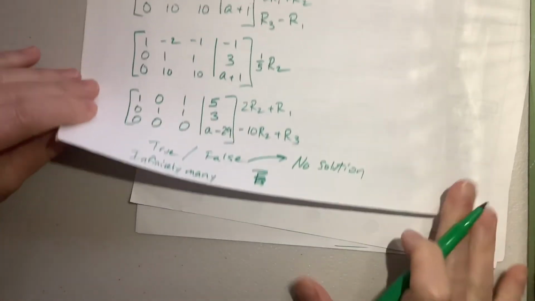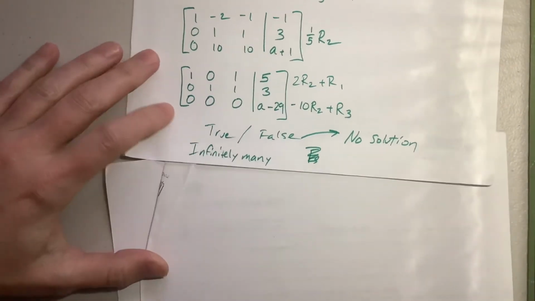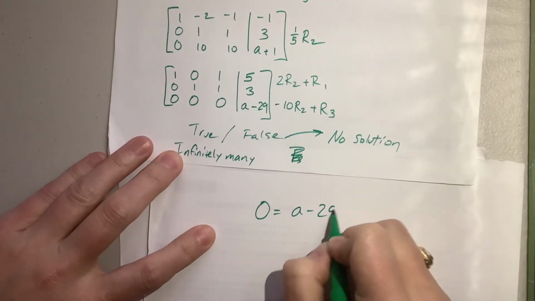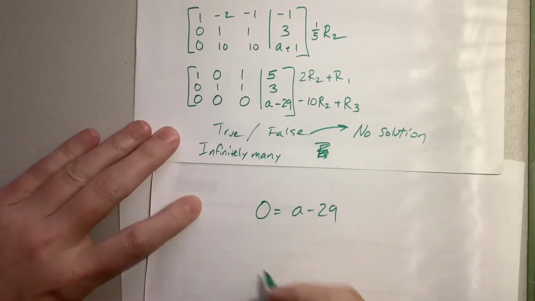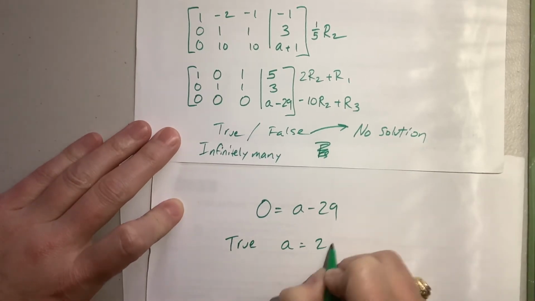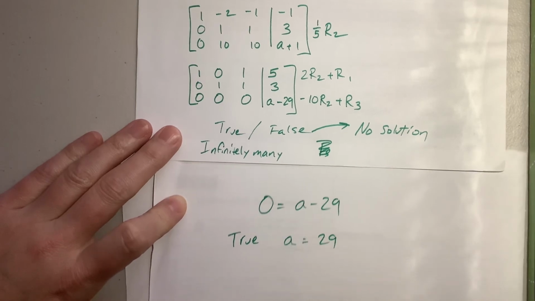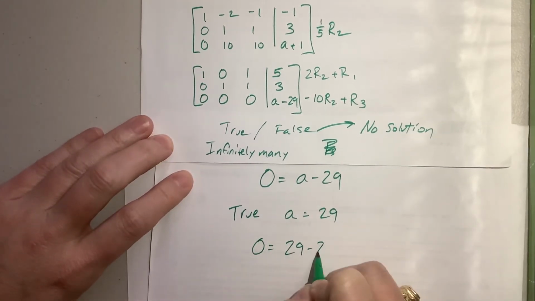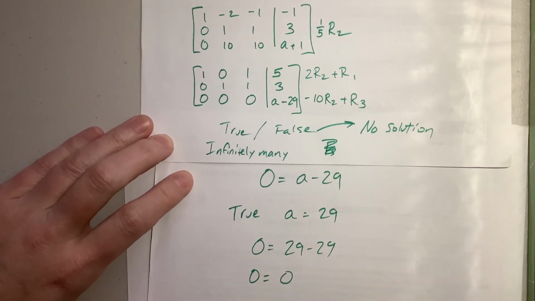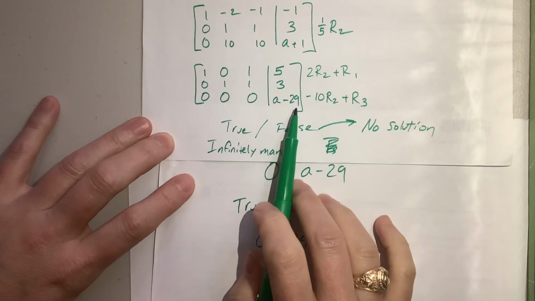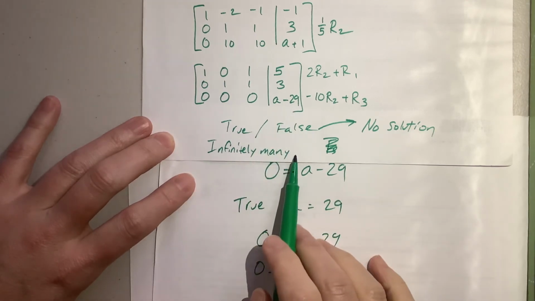So what we have here is 0 equals a minus 29. Well, this will be true if a is equal to 29. When a is equal to 29, I get 0 is equal to 29 minus 29, so 0 is equal to 0. That gives me a true statement. And so whenever a is equal to 29, I get infinitely many solutions.